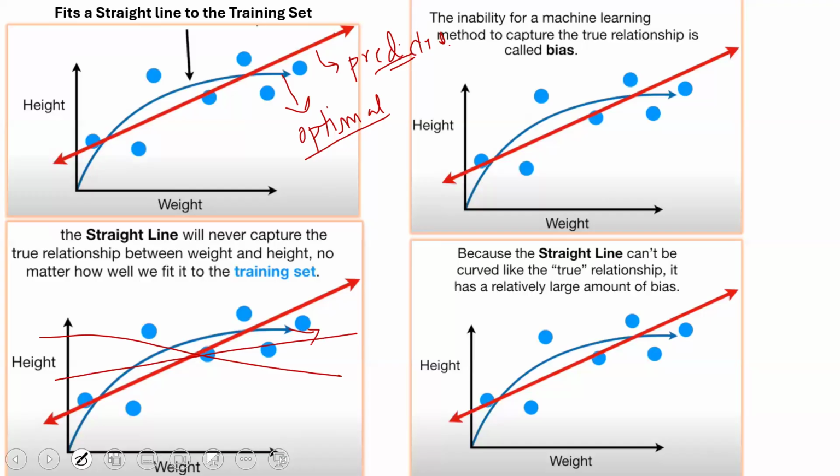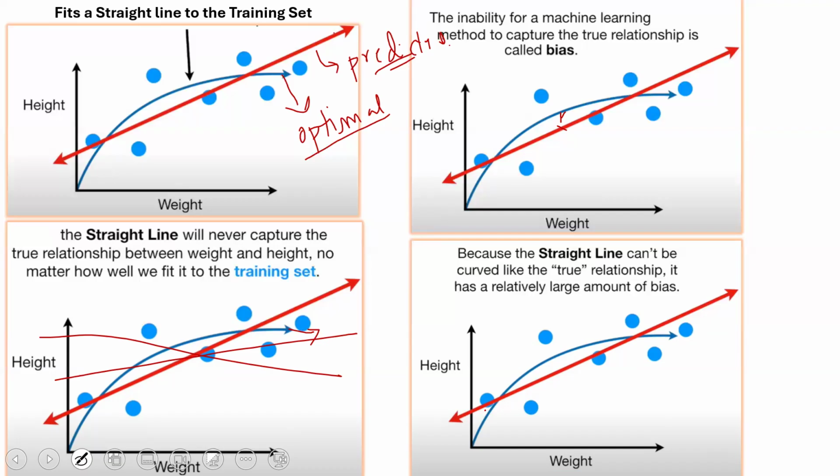But what is bias? Bias is the incapability of the machine learning method to capture the true relation between the inputs that we are given, the true relation between the variables. So this difference is called the bias. Now, if you look at this, there is a high bias, right?